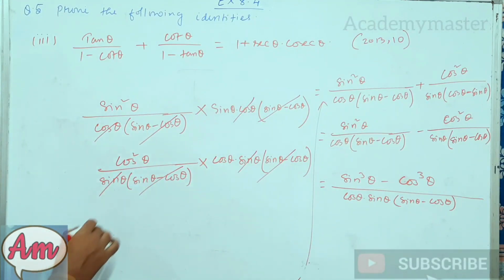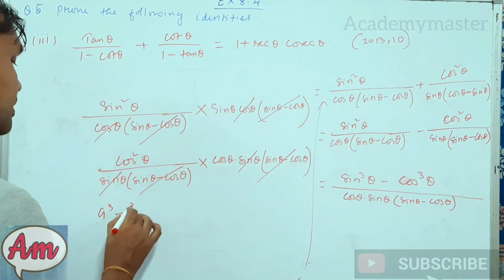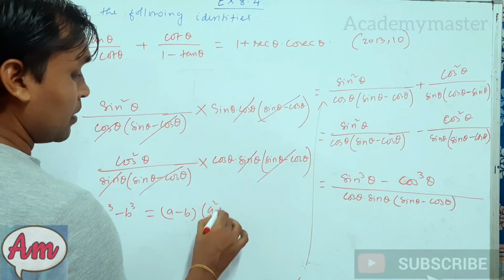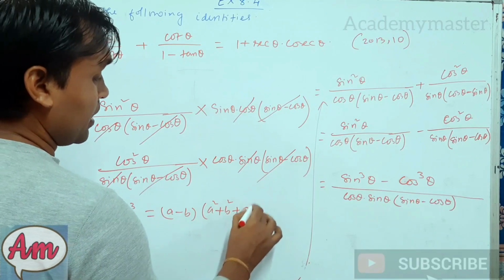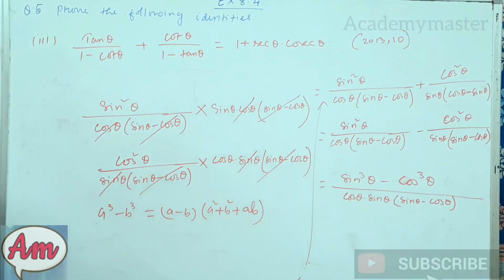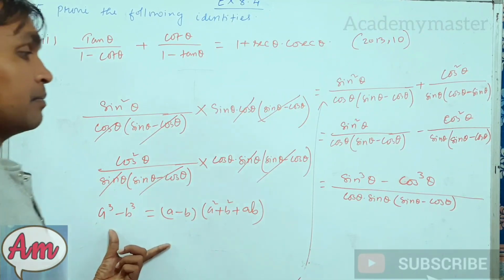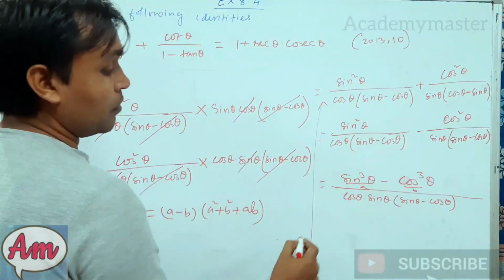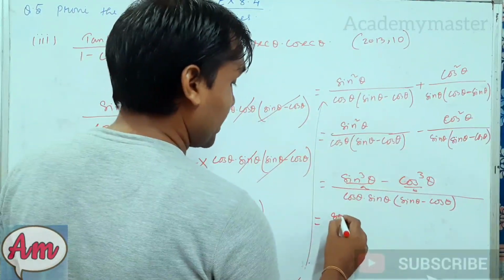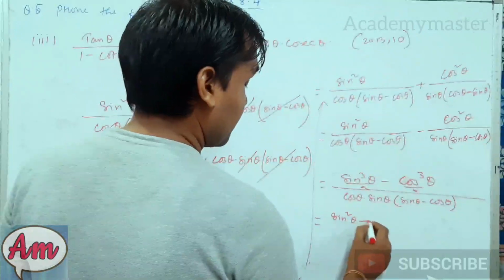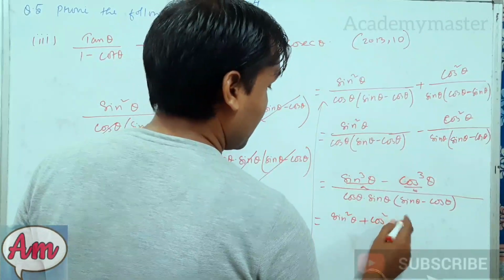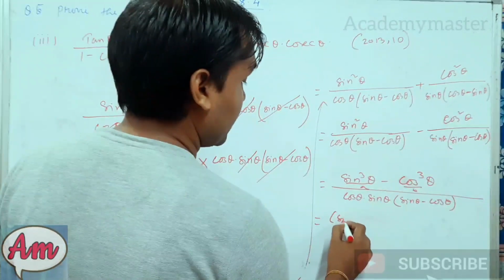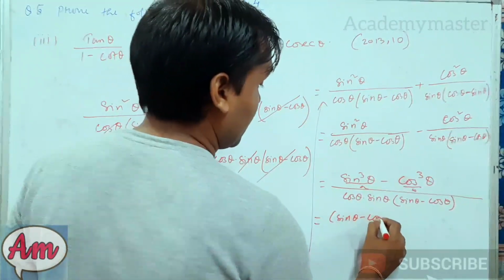Now we have one formula, a³ minus b³. The formula is (a − b)(a² + b² + ab). This is the formula. Okay, got it? So you have to keep it in mind. We will consider this as a and this one as b. We will be using the formula. So first, a minus b: sinθ minus cosθ.